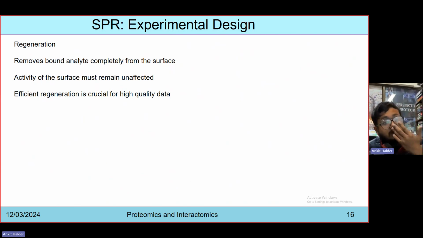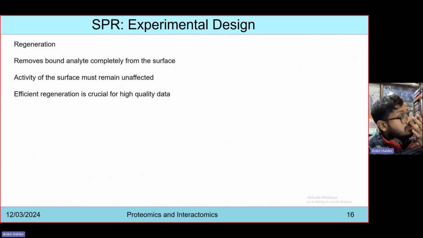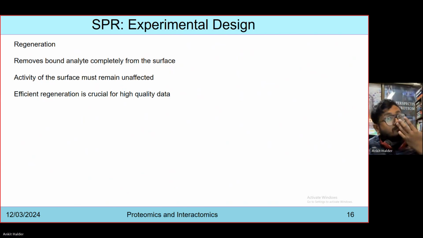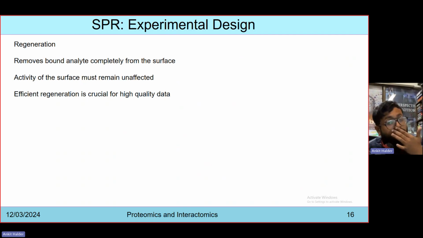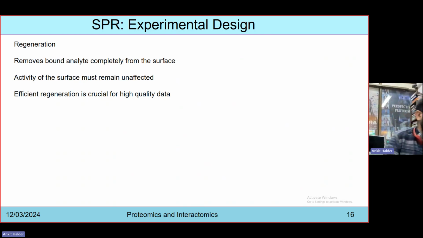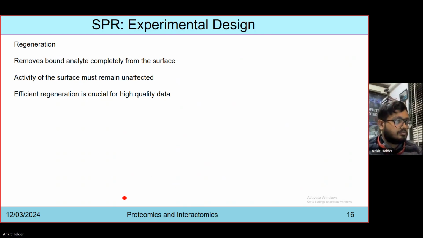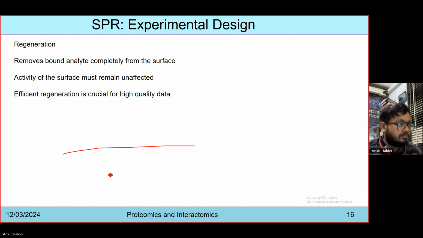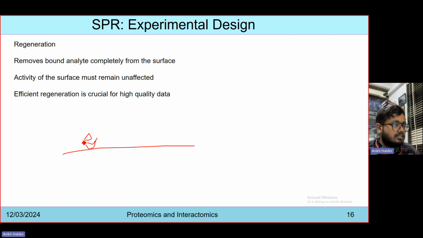So it removes the bound analyte completely from the surface, and the activity of the surface must remain unaffected, and efficient regeneration is crucial for the high quality data. So you can understand, this is a plate with the analyte. This is the ligand.